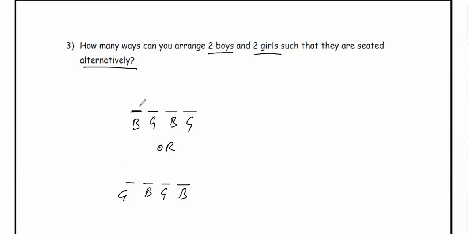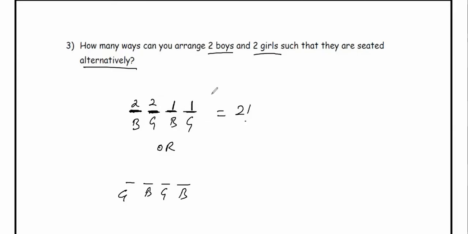If I start with a boy, then for this dash any of the 2 boys can come here. One boy takes this dash, so there's only 1 boy remaining, so 2 into 1, which I can call 2 factorial. Same thing for the girls. For the first girl dash, I have 2 options, and for the second, only 1 girl remaining.